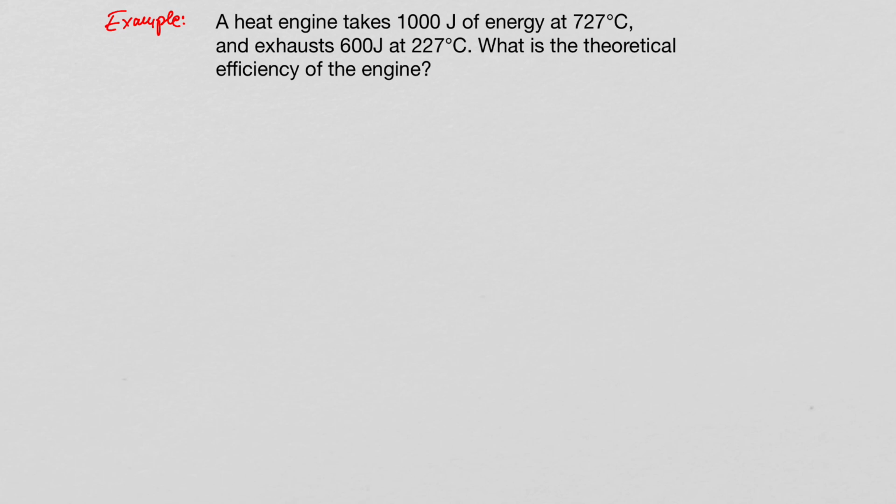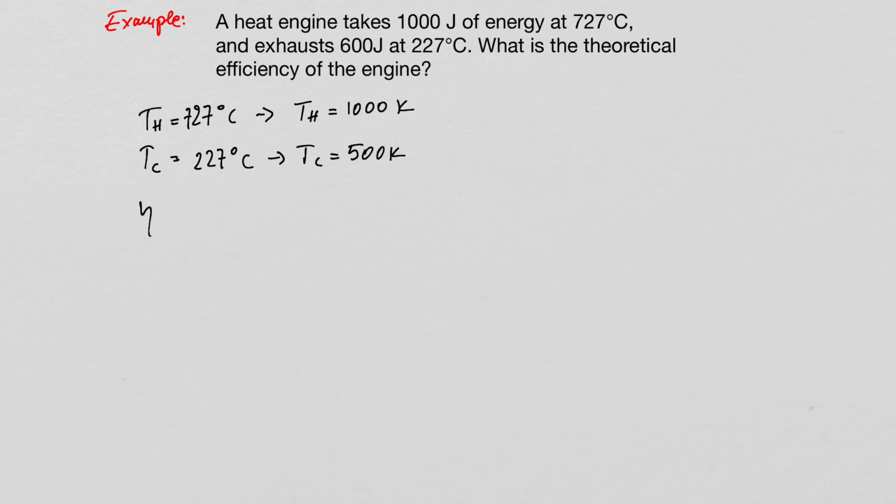Looking at the two temperatures, we can tell that the temperature of the hot region, TH, is equal to 727 degrees Celsius, which we need to convert to Kelvin. So TH is equal to 1000 Kelvin. And then the temperature of the cold region, TC, is equal to 227 degrees Celsius, which is equal to 500 Kelvin.